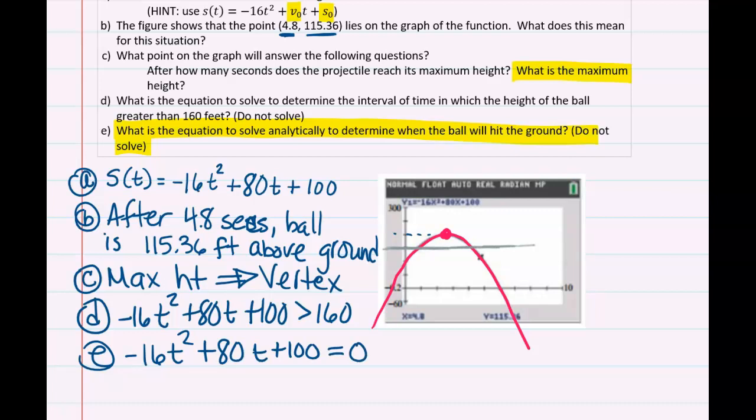And in fact, we're going to find two numbers, one over here, which is a negative time, and then another one over here. And we can see that the negative really does not apply to our situation, because at 0 it was up here at 100 feet, and then it went up, and then it came back down. So we're actually just looking for the x-intercept over here. So we're looking for solving this quadratic equation to find the t value for that. And that concludes this video.